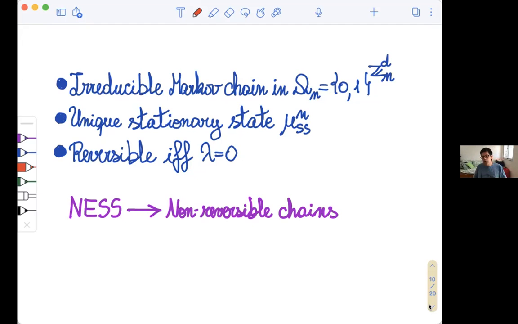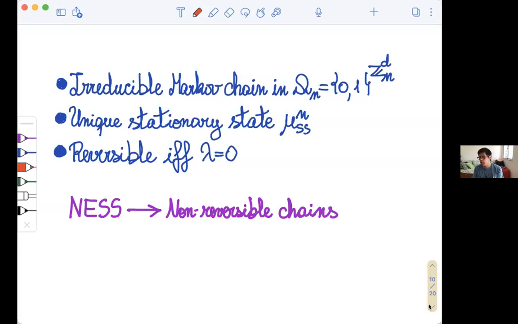So if you have a configuration, a particle and a hole, and you create a particle, then you move the particle, and then you annihilate the particle, that thing has different rates than creating the particle, then moving back, and then destroying the particle. So it's a non-reversible chain.